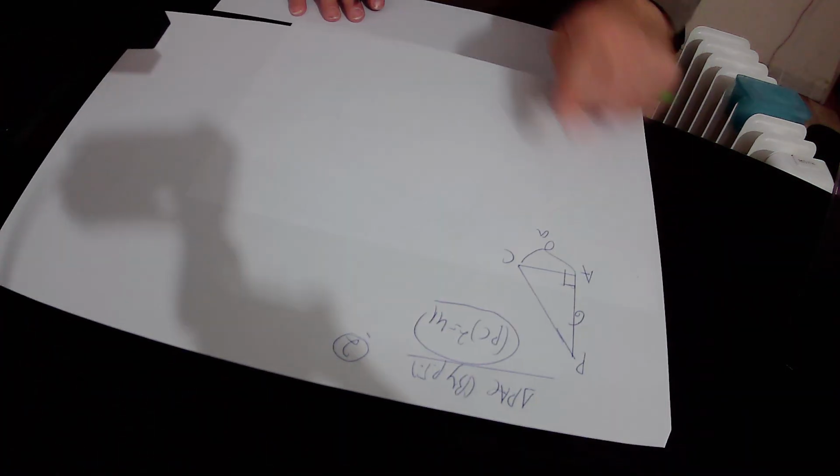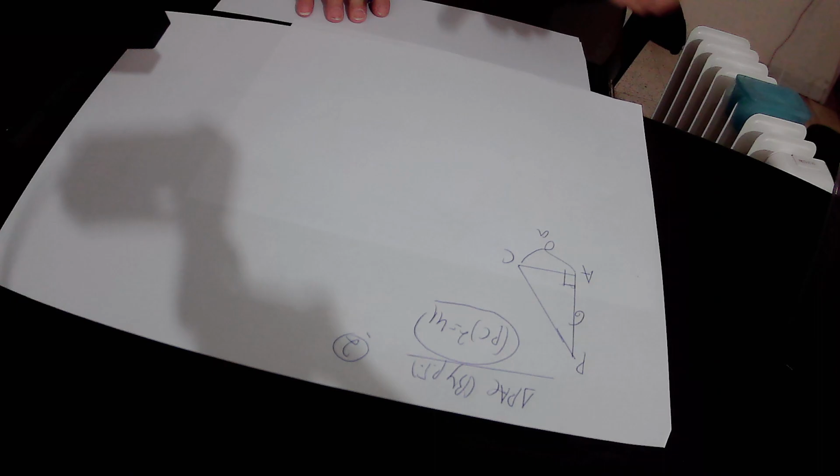Here we define the length of side AC as A. We already found out that PC squared equals 41 units. So write it down.